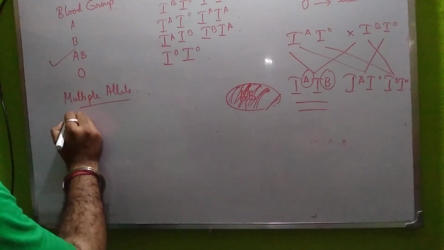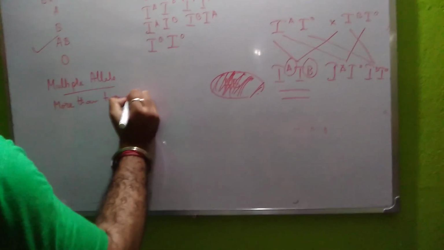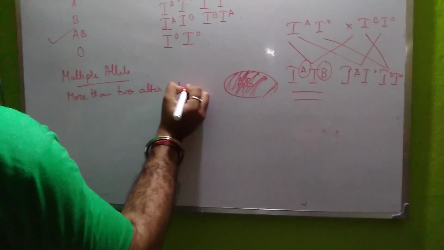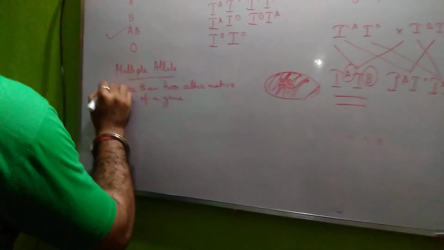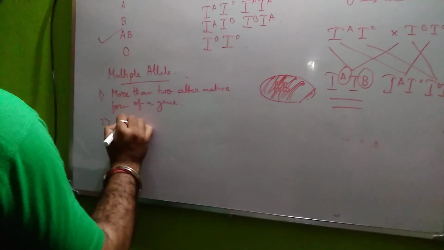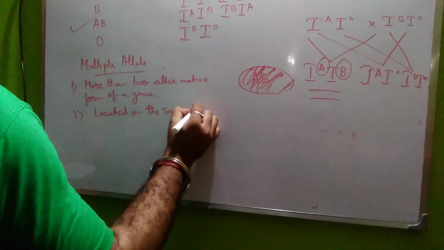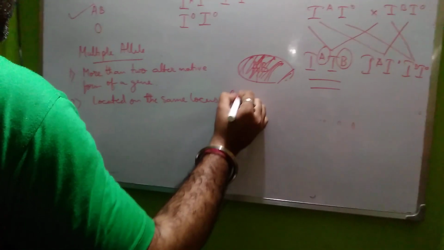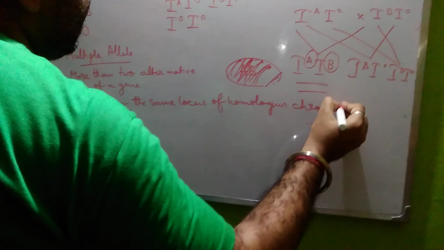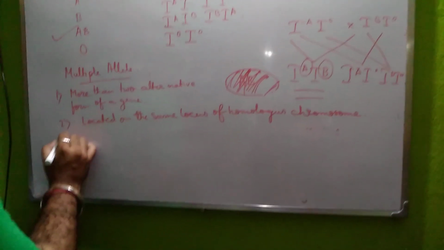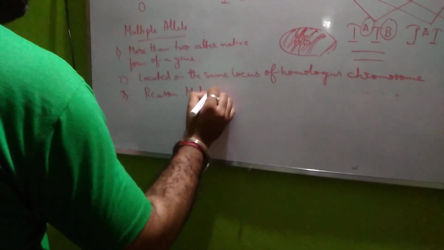First of all, remember, it is more than two alternative forms of a gene located on the same locus of homologous chromosome. Locus, you can read it as location. The third point is that the reason is mutation, that is, genetic error.